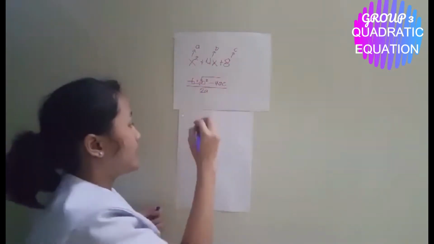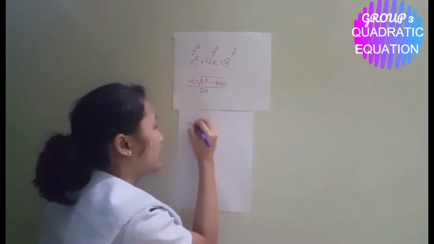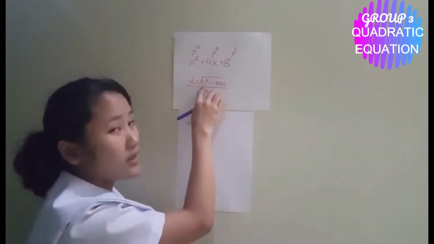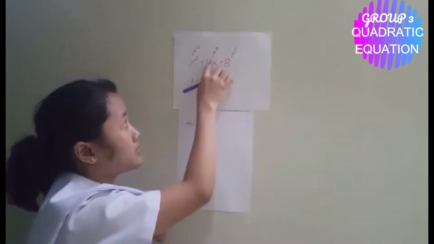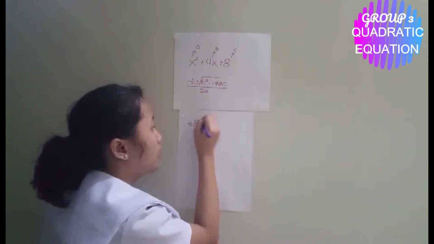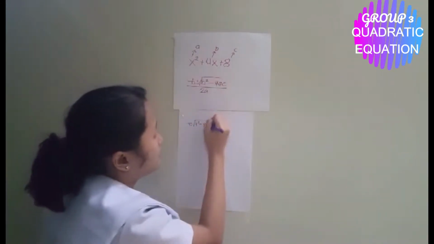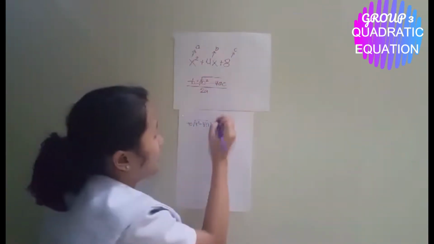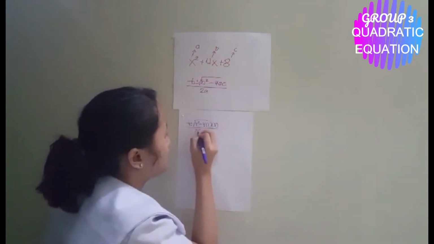It's 4, right? So it's negative 4 plus minus square root of b. So what is b again? So b is 4. So 4 squared minus 4, a is 1, c is 8, over 2a.